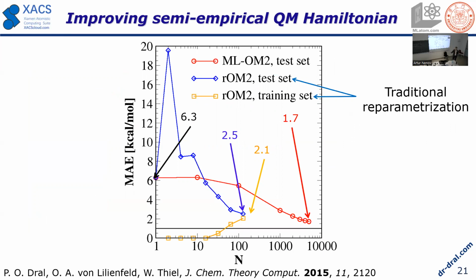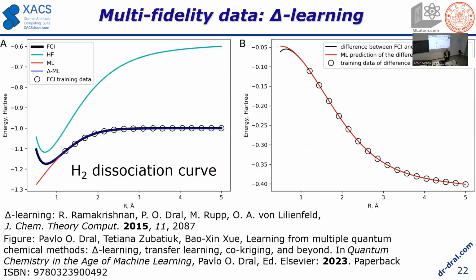You always get improved accuracy if you add more points. If you do reparameterization of empirical methods or DFT methods, it doesn't matter, you will always hit some barrier and it will not improve anymore. That's the limitation of physical learning. With machine learning, there is no such limitation.